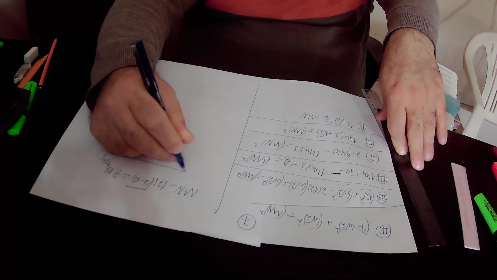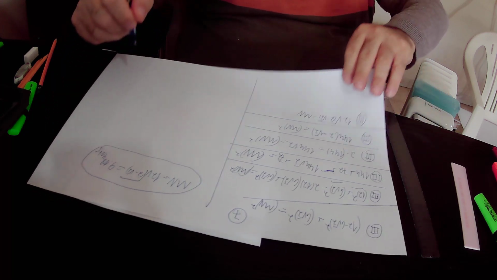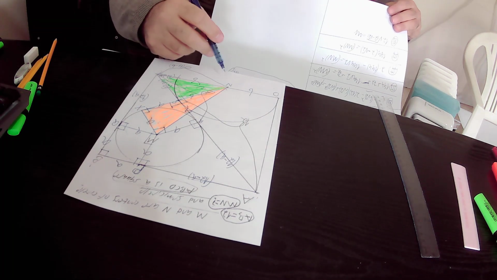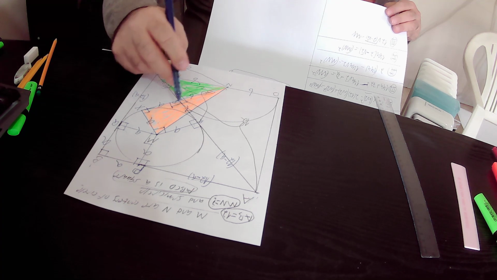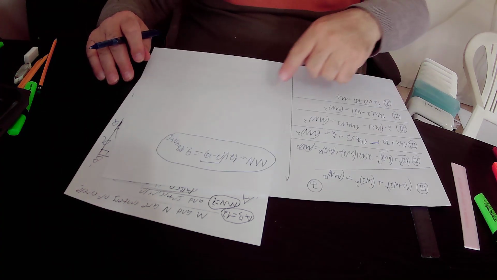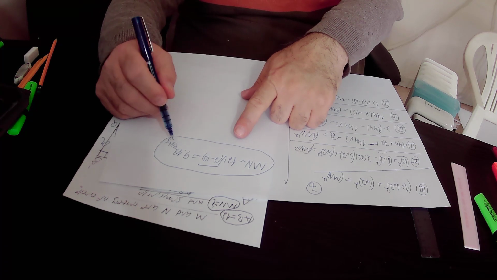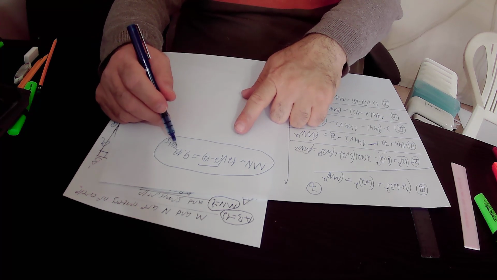I will repeat again, the length of line segment MN, that is actually the distance between the centers of the semicircle and the circle, is equal either to 12 times square root of 2 minus square root of 2 units, or in terms of numbers, it equals 9.18 units.